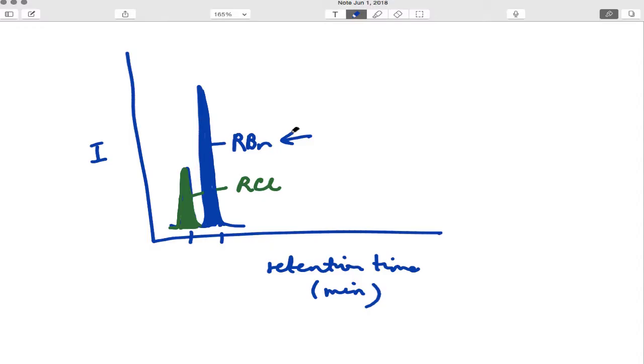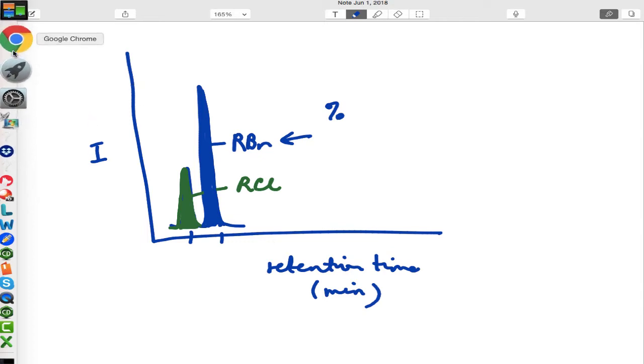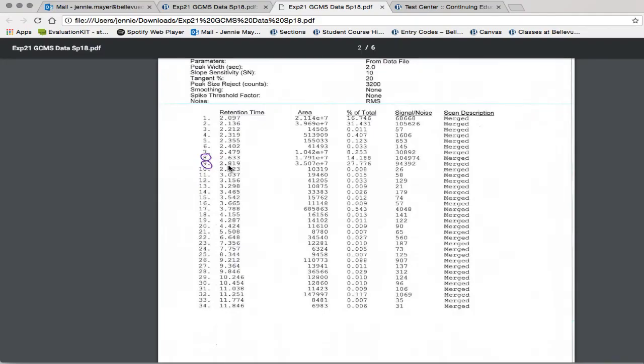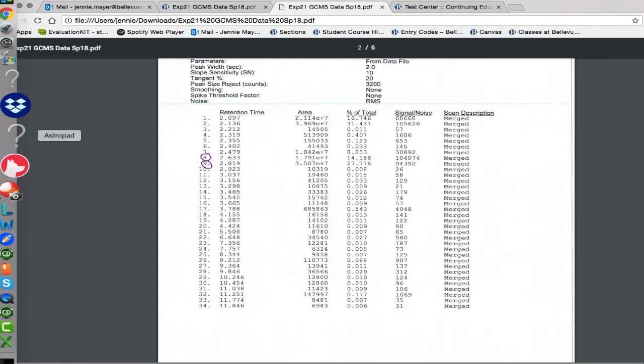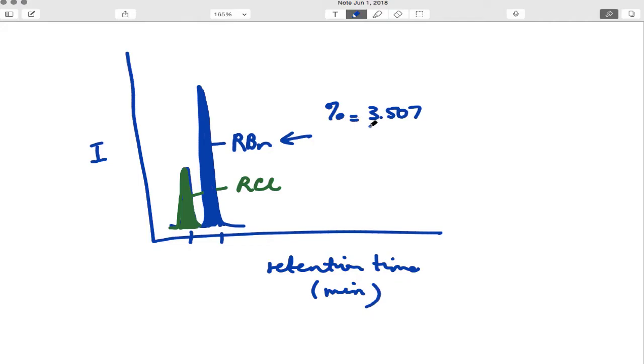Let's say I want to figure out the percent area. That's what I'm trying to do here. Percent area of the bromide product. Bromide is the 2.8 minute peak, and 3.507 is the area for that. So I'm going to take the area for this peak divided by the total area of both of the peaks together.